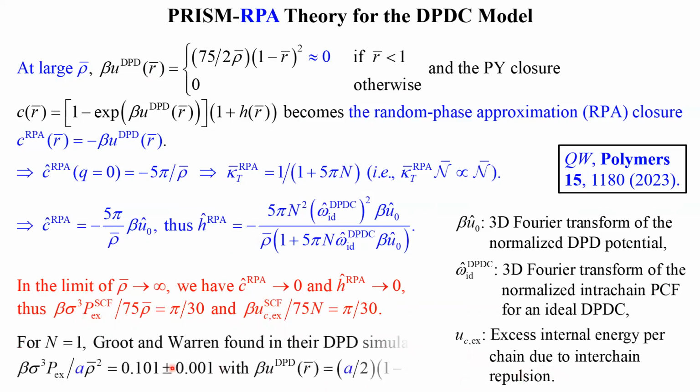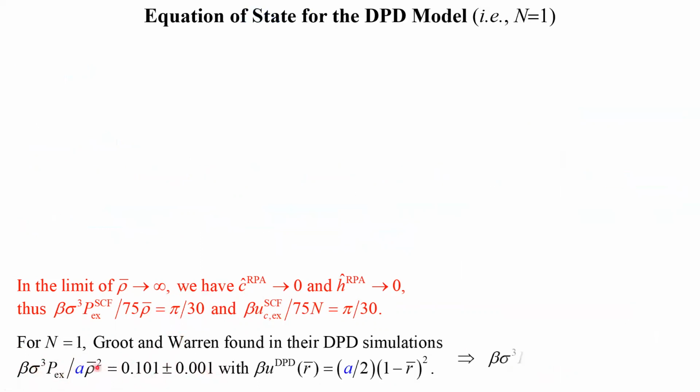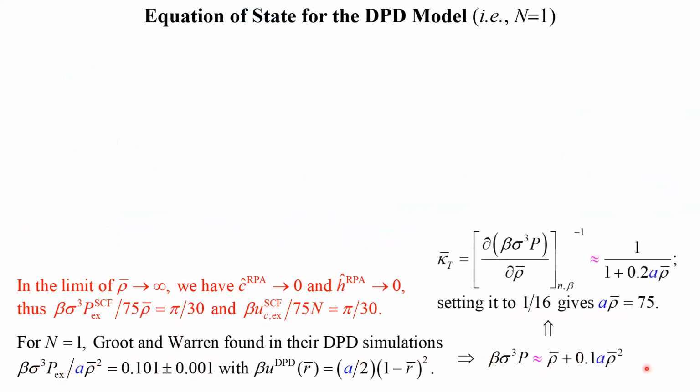For n equal to 1, Groot and Warren found in their DPD simulations this approximate equation of state. While it is close to the SCF prediction, their assumption that this quantity is independent of the interaction parameter A and the rho bar, which is used in obtaining kappa T bar, is problematic. This parameterization, commonly used in DPD simulations, is given by setting kappa T bar to the value of water at 300 K under their assumption.